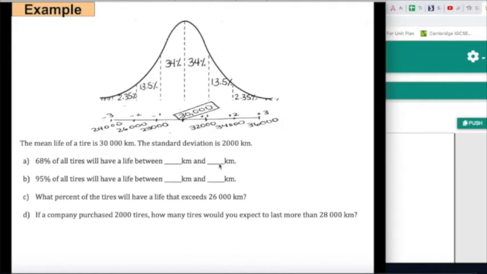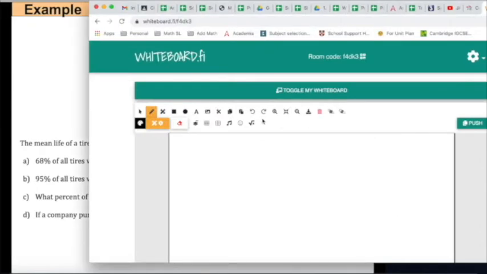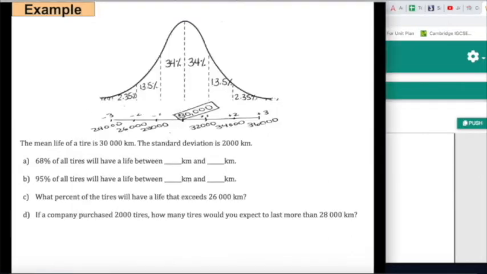Well, remember the 68, 95, and 99.7 rule in the slide shown to you previously. So 68% should be between mu minus sigma and mu plus sigma. And we know that mu is equal to 30,000.